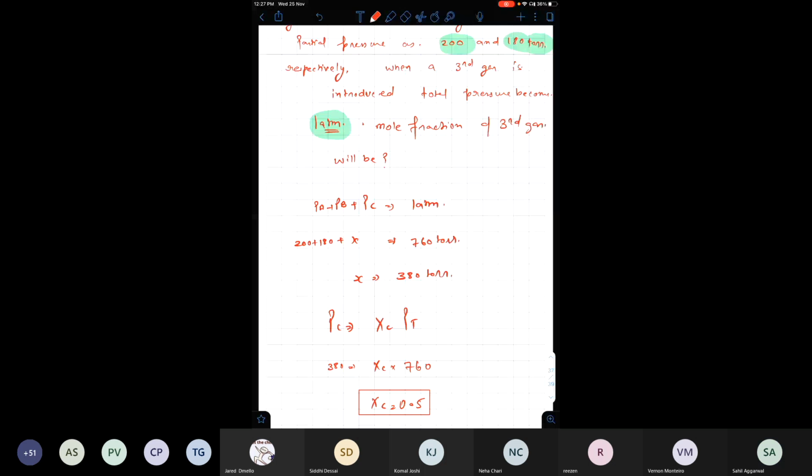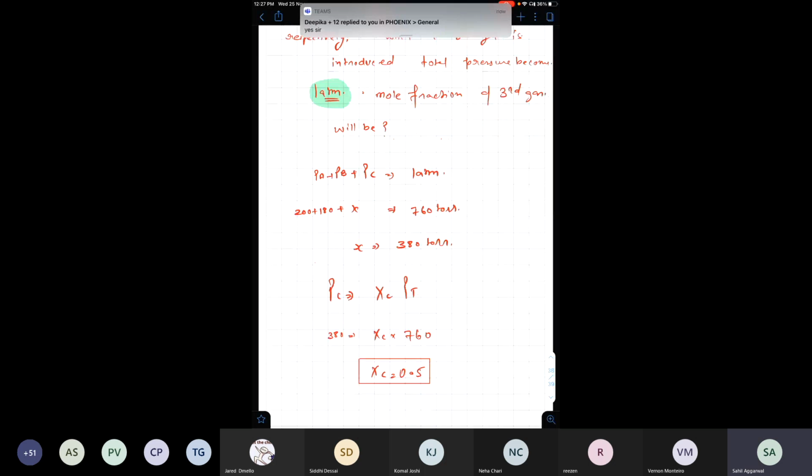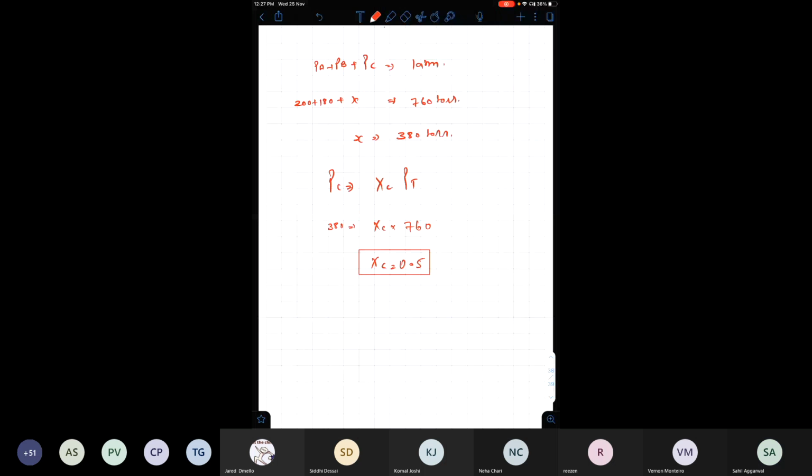Understood? Yes, that is also correct. All of you understood this?